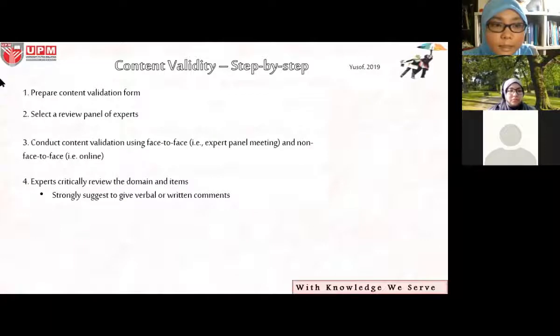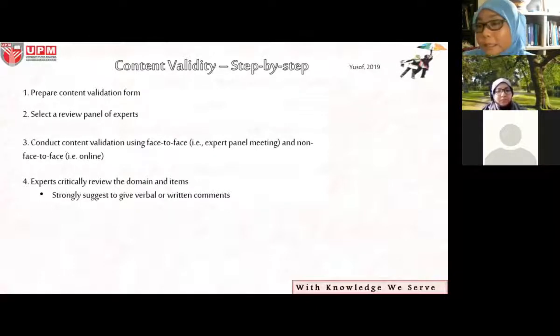And then the second one is you select a review panel of experts. Yang ni you all yang pilih, siapa yang you all nak, is it the academician or the practitioner? The third one is conduct the content validation using face-to-face.